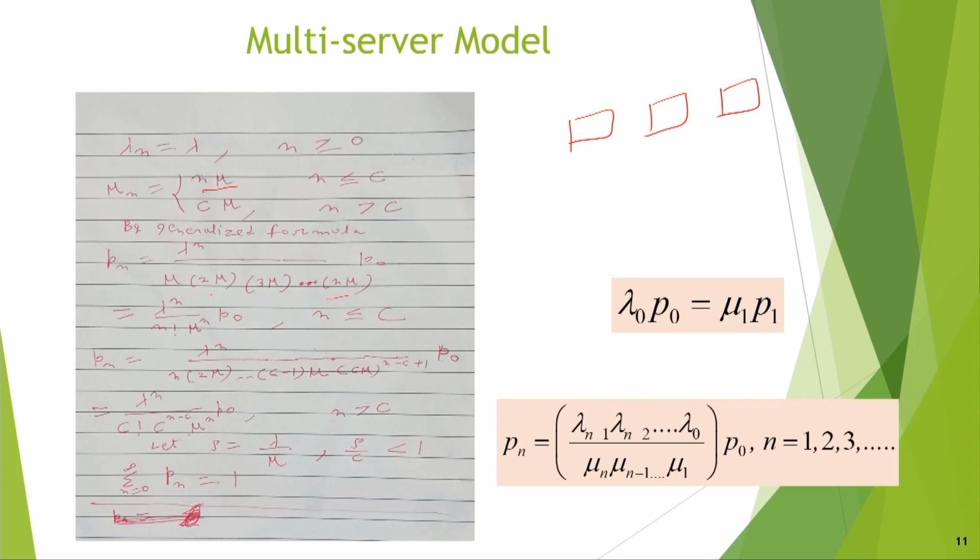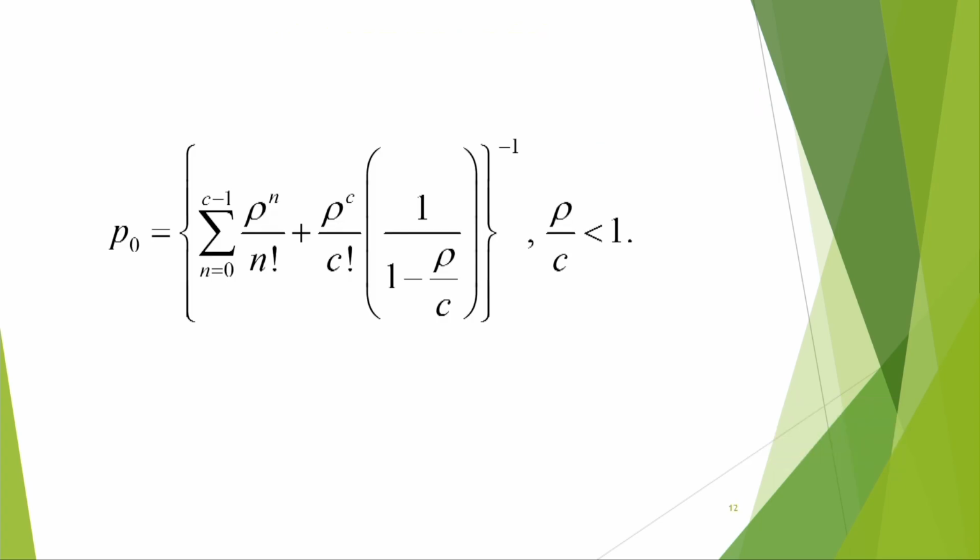Then by the simple law of probability, the sum over n equal to 0 to infinity of Pn, where n is the number of customers in the system, that means the sum of all the probabilities, should be equal to 1. By that you can find out P0. You can find it numerically also if there are finite computations. So, by doing that procedure you get P0 equal to this much.